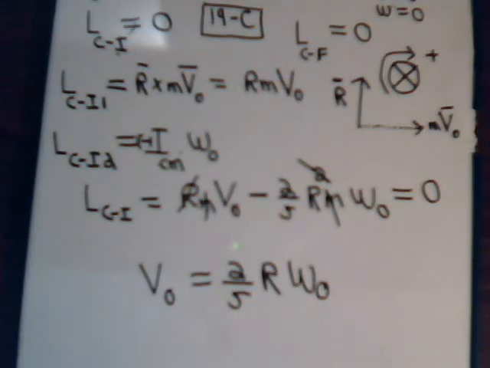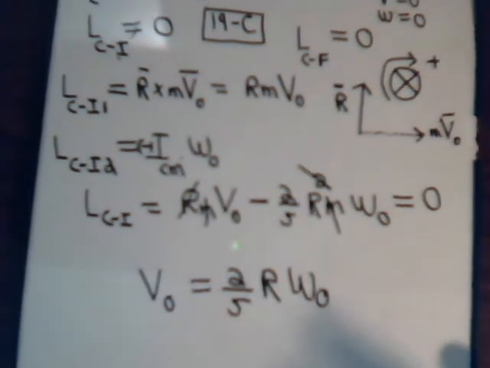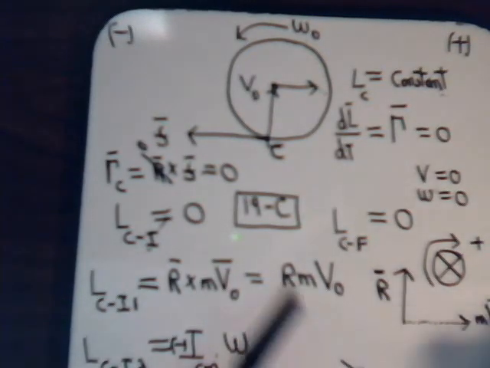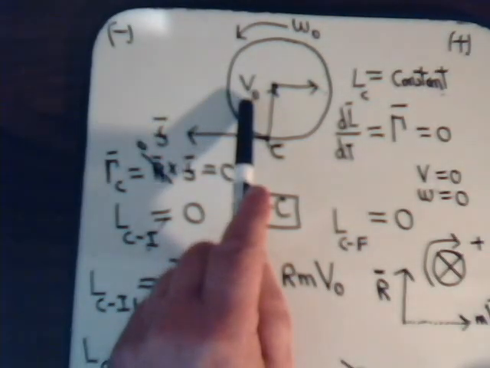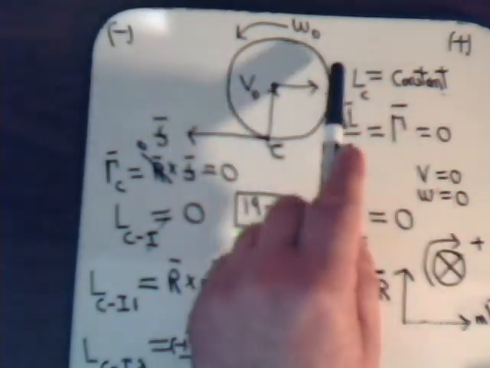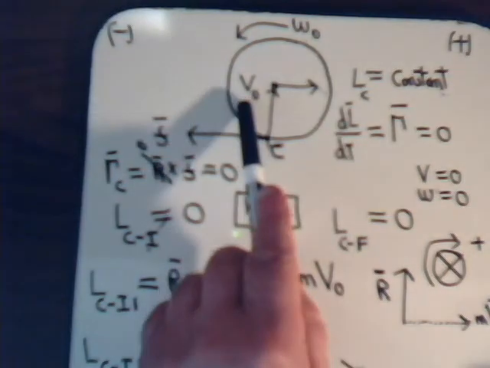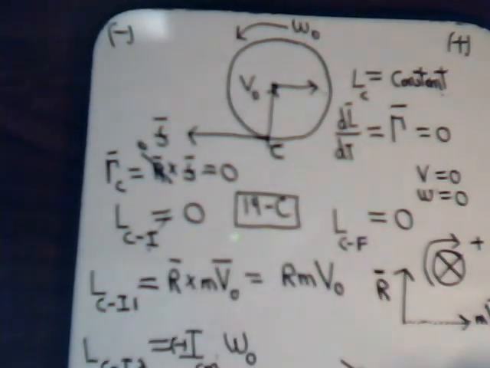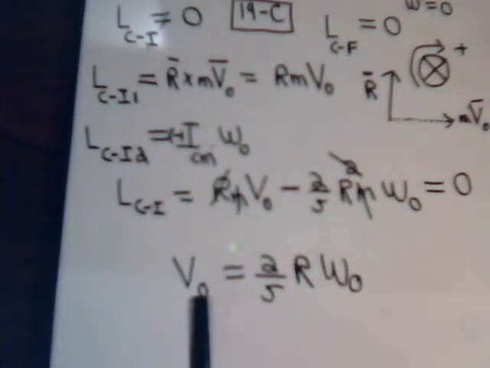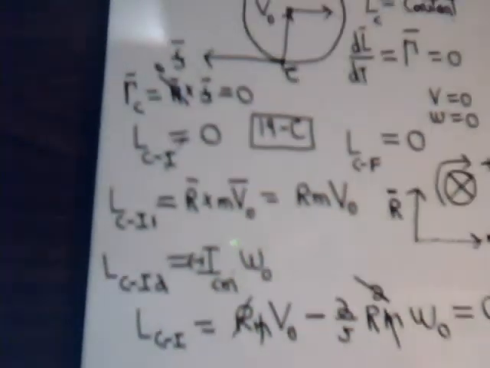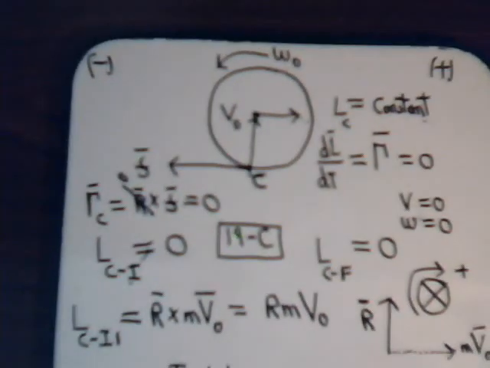This tells us that if we have a ball, a billiard ball or a bowling ball, whatever, and it has an initial linear velocity V naught and a backward angular velocity of omega naught, if they have this relationship between them, then the ball is just simply going to skid across the surface, and eventually it will come to a stop.